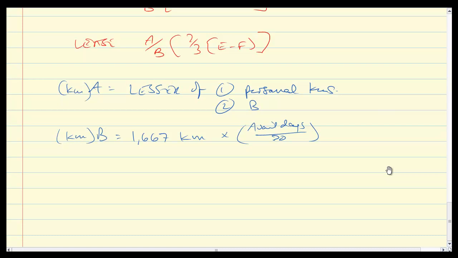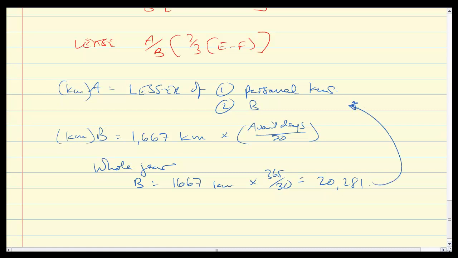So in a very simple scenario where the car is available for the whole year, we can calculate B. We can say it's 1,667 kilometers times 365 over 30, which is equal to 20,281. So what that tells you is, remember this one up here is the lesser of.